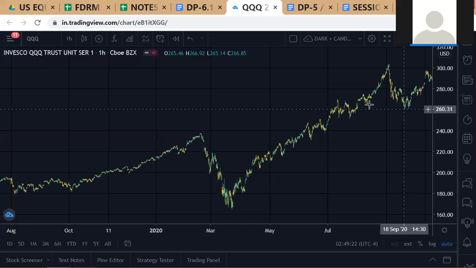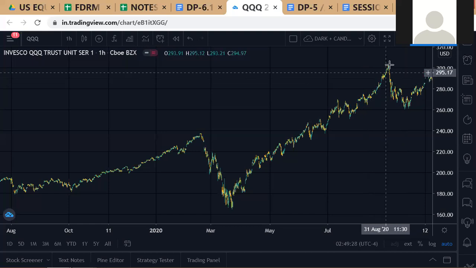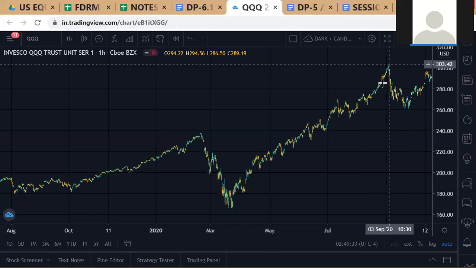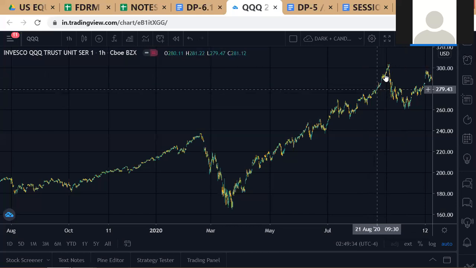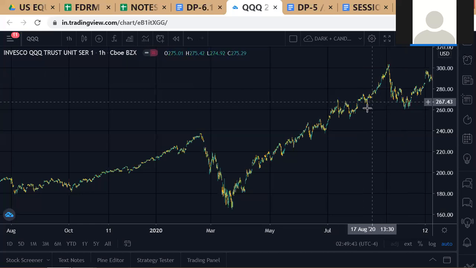He left it on the table by not taking his profit here or here or here as it was climbing. He could have actively taken profit, but his policy is to use a trailing stop. He does not use any targeted take profit. So he has left this money on the table.